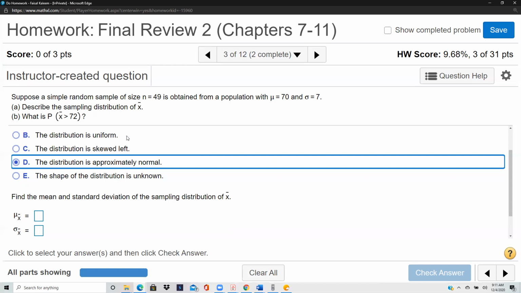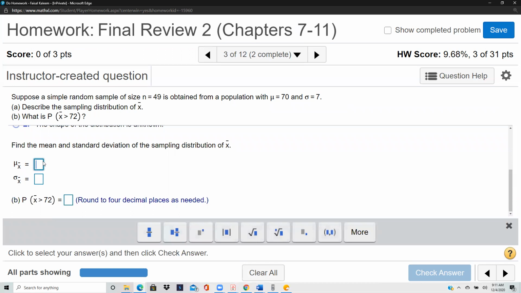I believe the mean. The mean stays the same as the original mean, so that's 70. And now do you remember how does the standard deviation change? Is it just subtracted by 1? No, that's the degrees of freedom.